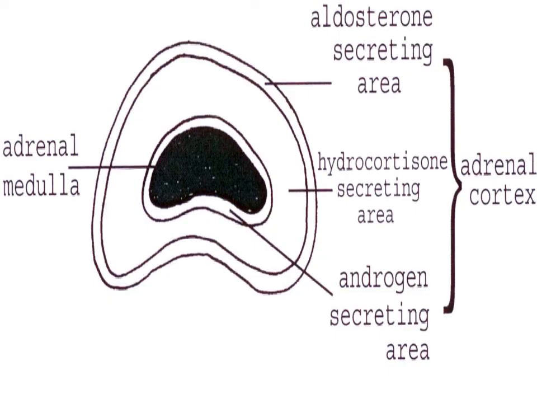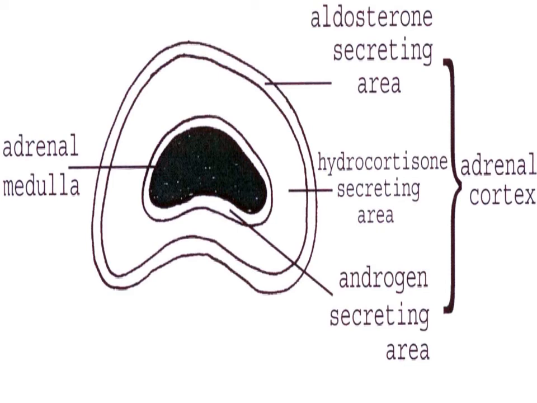This diagram shows a slice or a section of an adrenal gland. And first of all, we can see there's an area in the middle called the adrenal medulla. But outside that, there's 3 layers of adrenal cortex. And the outer layer of this adrenal cortex produces aldosterone.